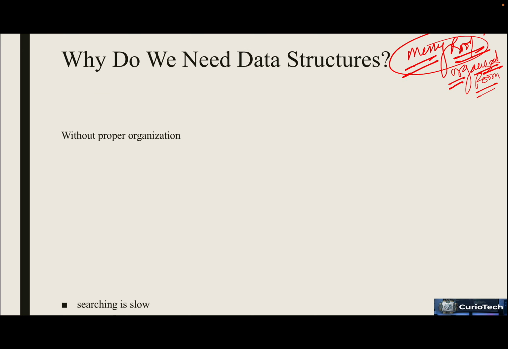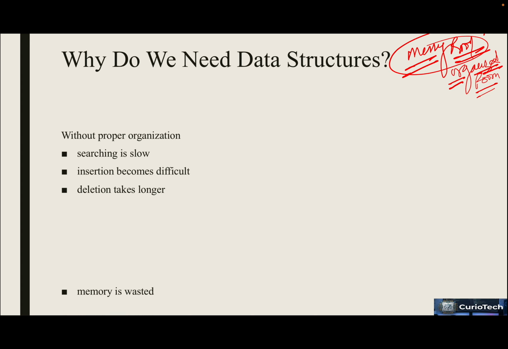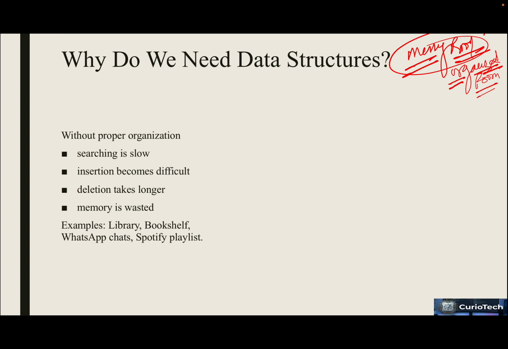So without proper organization, searching is slow, insertion becomes difficult, deletion takes longer, and also memory is wasted because unorganized data takes much more space than organized data. For example, we are taking a real life example of the concept of data structure. First is a library.